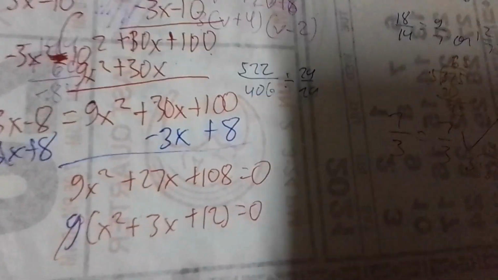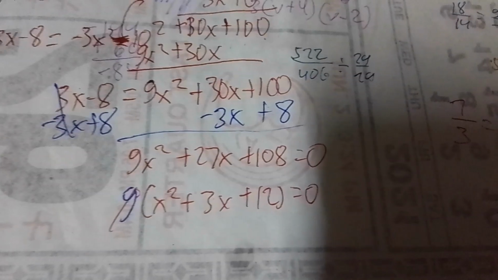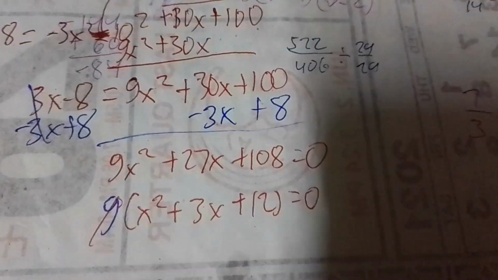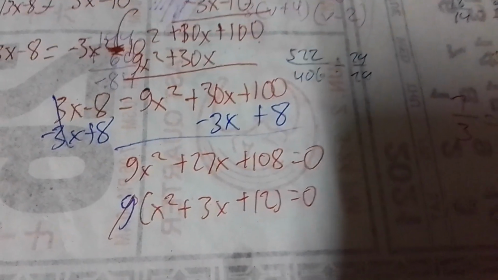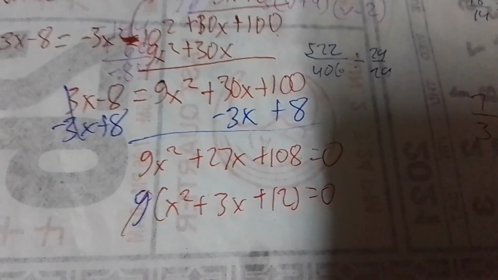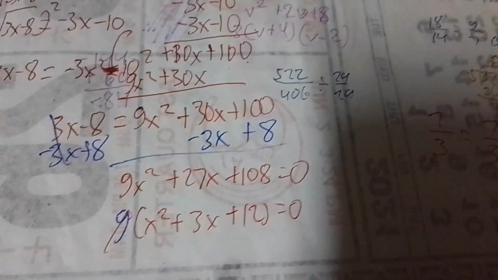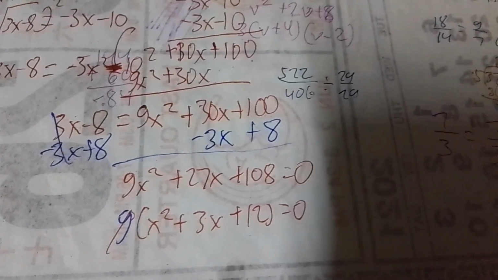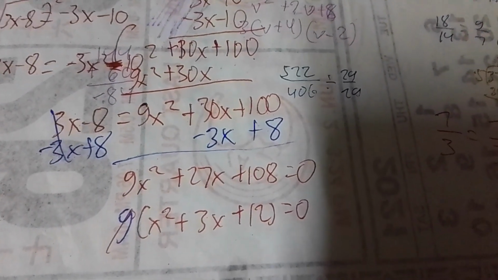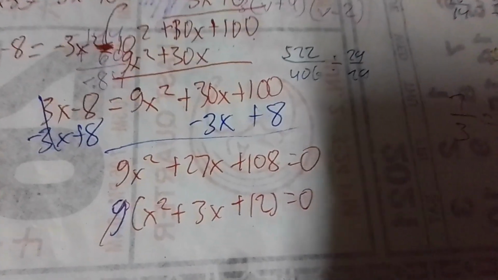Walang kwenta man talagang 9 na yan. And then we're just back to quadratic equations. So when it comes to quadratic equations, remember what two numbers that you can multiply together to give you 12 and then add together to give you positive 3. What are those numbers? Yeah, that's right.